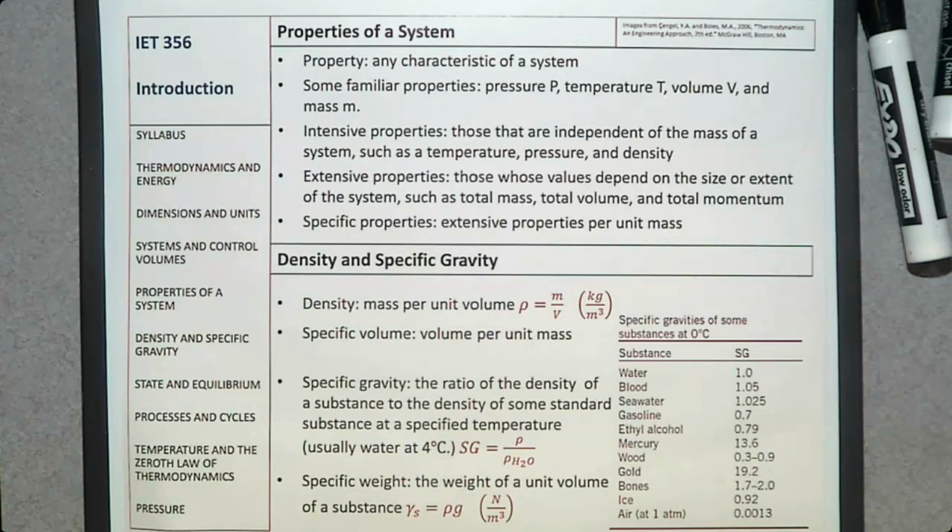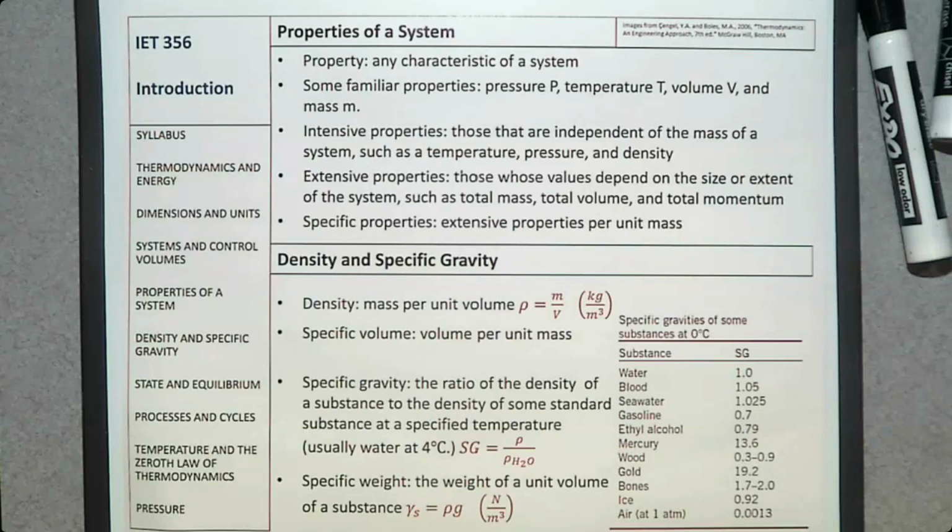Temperature, pressure, energy, volume, mass, anything is going to be a property. So in solving a thermodynamics problem, what we are going to do is determine a property of a system. By doing so, we can solve thermodynamics problems.